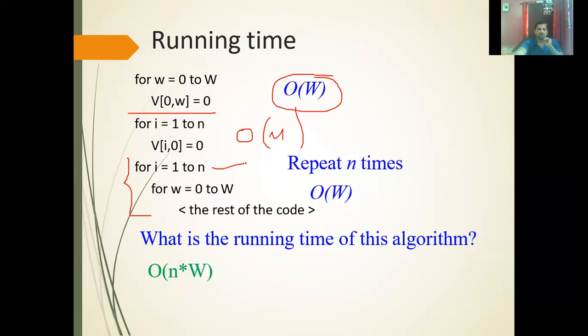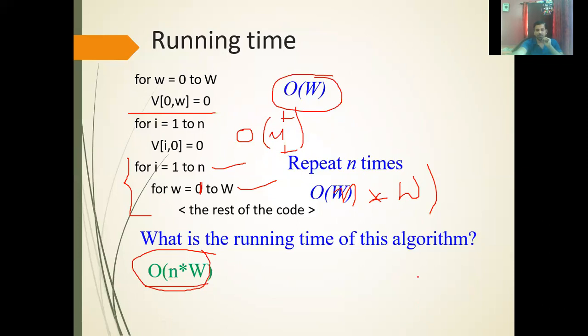One is moving across your N, and another one is moving across your W. And obviously, that comparison I'm doing here, and its worst case efficiency will be big O of N into W. So the worst time complexity of this 0-1 knapsack problem is big O of N into capital W, where N is the number of items and capital W is the capacity of your knapsack.